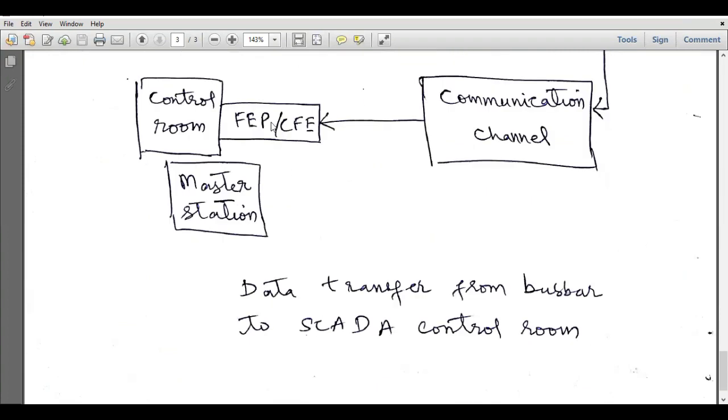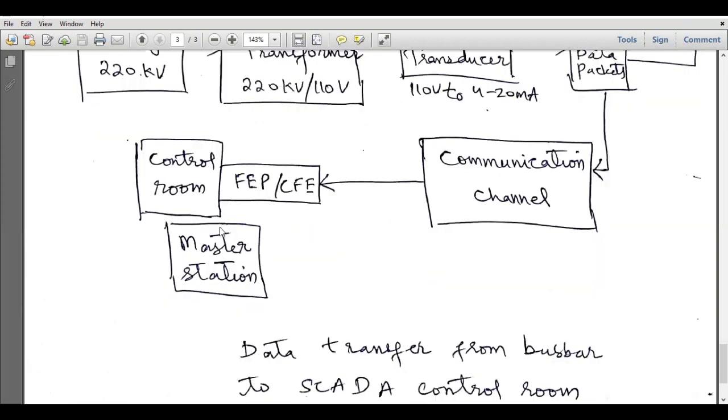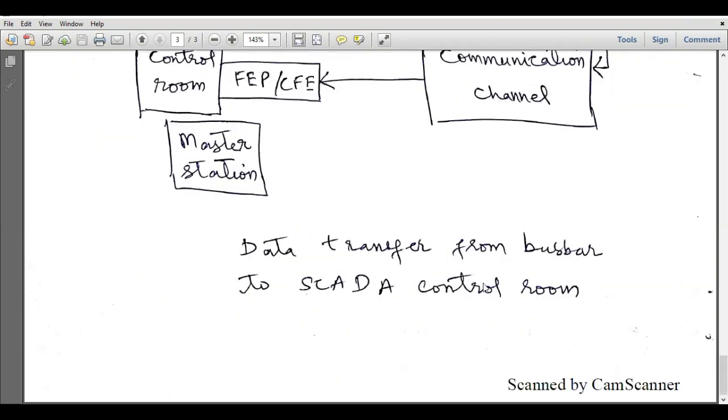These are communication protocols, and you can see that the operator in the control room gets that high voltage information in the centralized control room, and there is no need to send any personnel to visit and measure these high voltages, which are very dangerous. So this SCADA system and remote processing of the power system also ensures personnel safety, reliability, and efficiency. So that is data transfer from the bus bar to the SCADA control room.